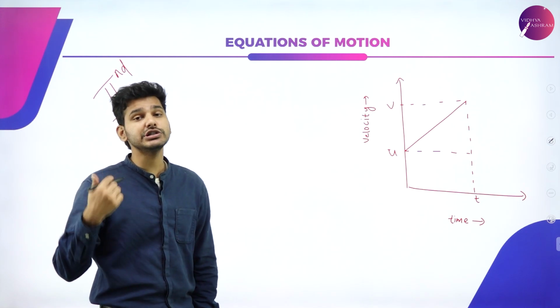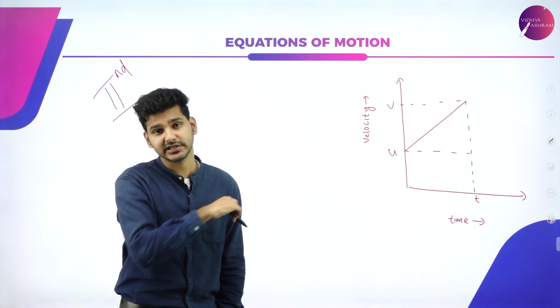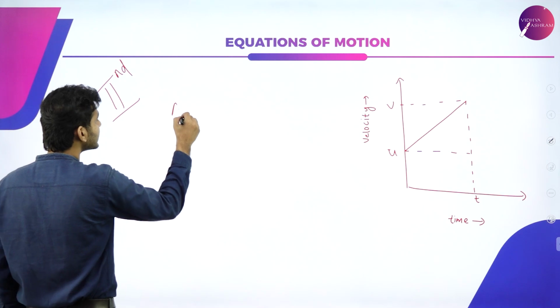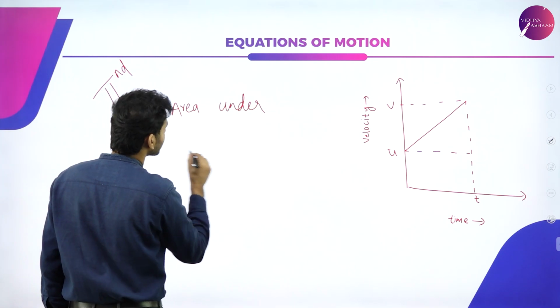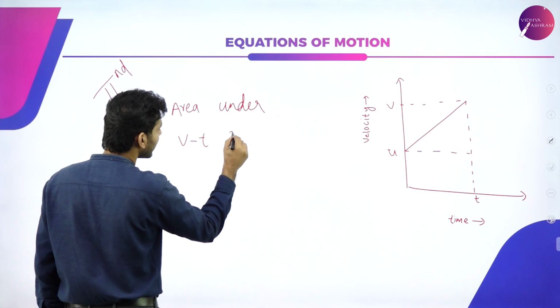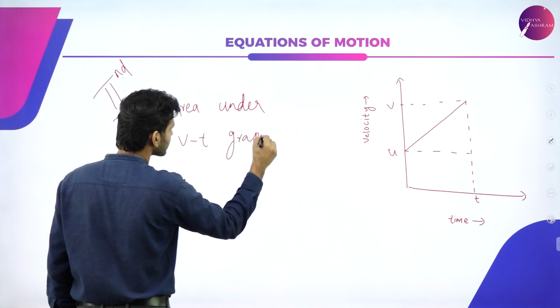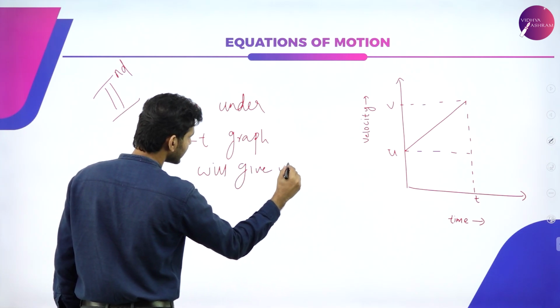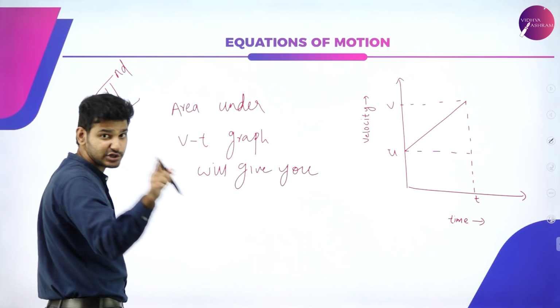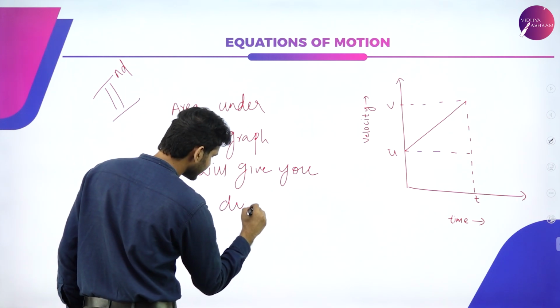Here again, we are going to use something we learned in the graphical method, that is area under velocity time graph will give you displacement.